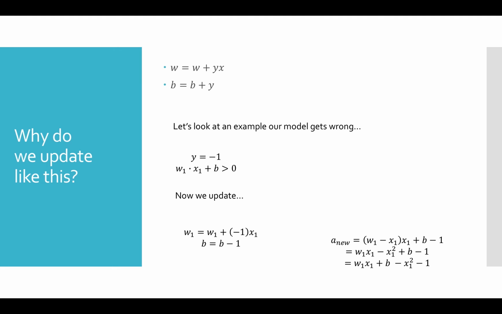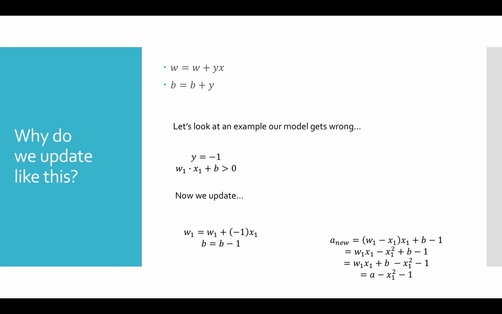We reduce a little bit more and we see that we have W1 X1 plus B minus X1 squared minus 1. Well, this is just our old activation minus X1 squared minus 1. So X1 squared is going to be a positive number because the square of anything is a positive number. Okay, we're not dealing with imaginary numbers here.